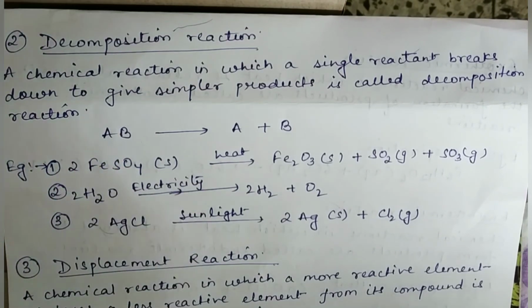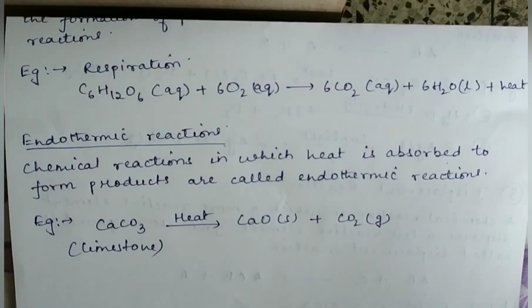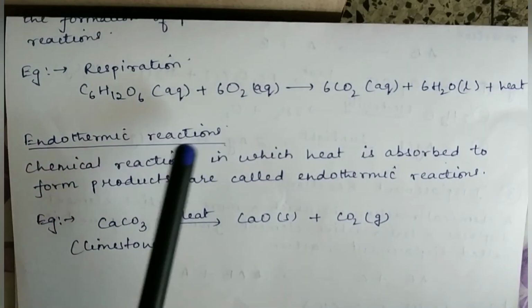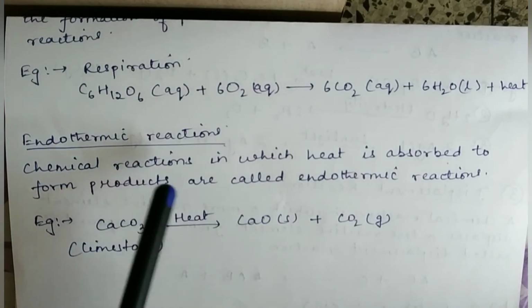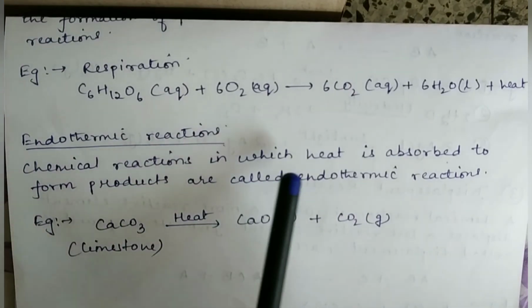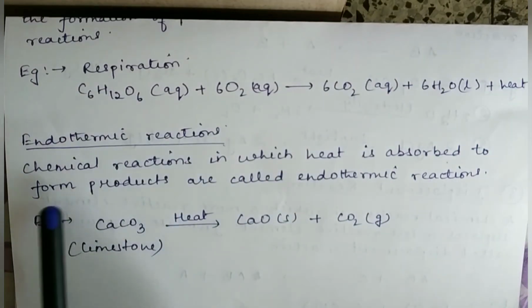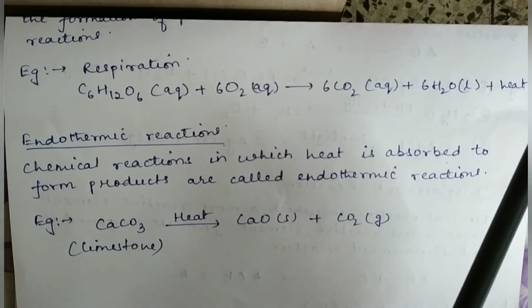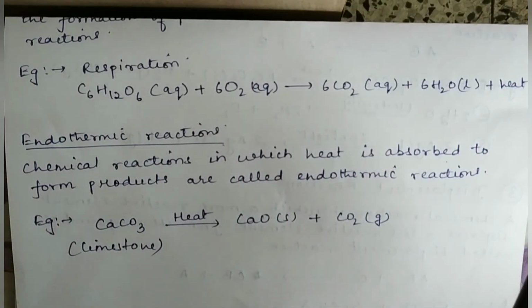So those reactions in which heat is absorbed or taken by the reactants are known as endothermic reactions. An endothermic reaction can be defined as a chemical reaction in which heat is absorbed to form products.